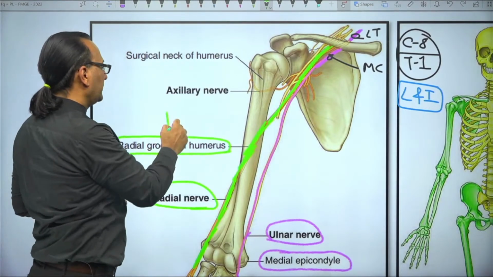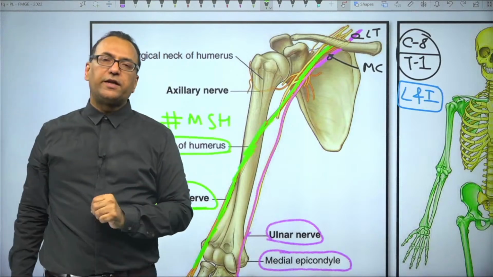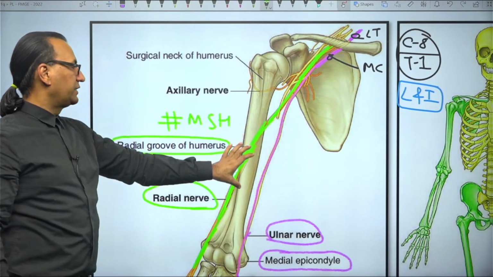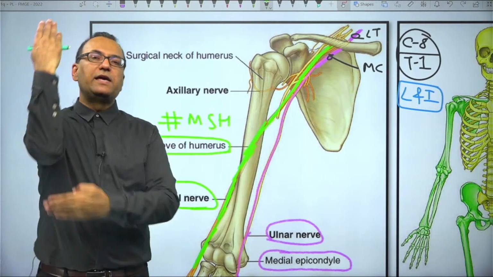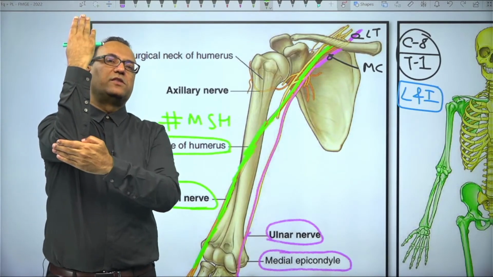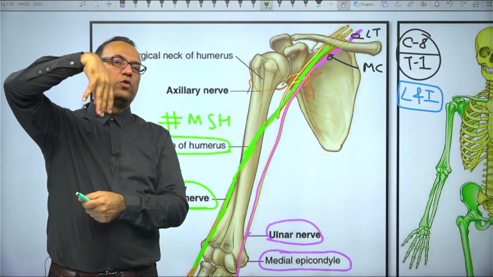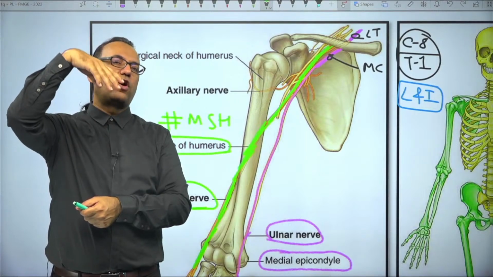If there is a fracture, mid shaft humerus, the radial nerve can be damaged in the radial groove. And if the radial nerve is damaged, it is the nerve which supplies extensor muscles, nerve of extension. Extensors will be compromised, leading to loss of wrist extension, what is called as wrist drop.